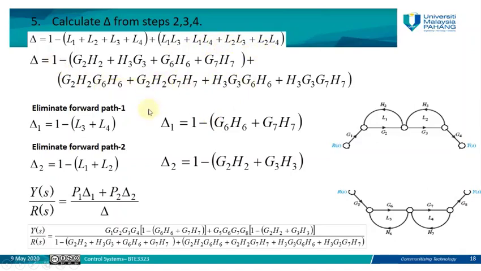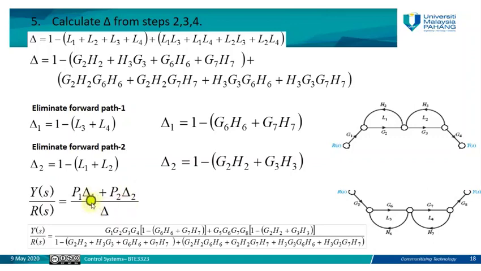Now we have found the value of delta. We have the value of P1, we have the value of P2, we have the value of delta. We need to find delta 1 and delta 2 in this transfer function formula. And we said previously, if we want to find delta 1 and delta 2, we need to consider the loops which are non-touching with forward path number 1 and forward path number 2, because we have two forward paths.